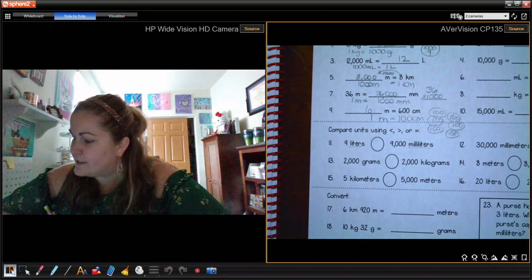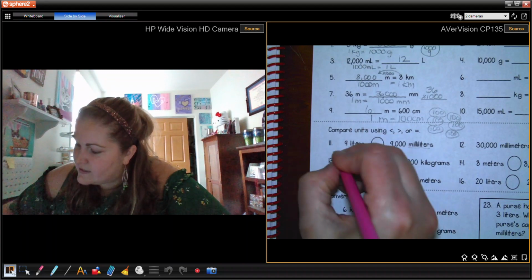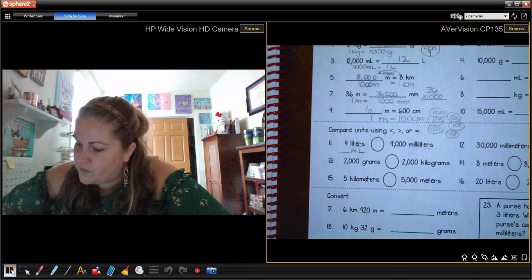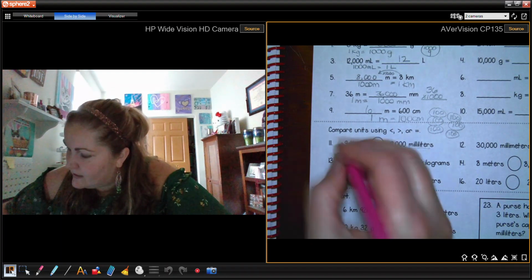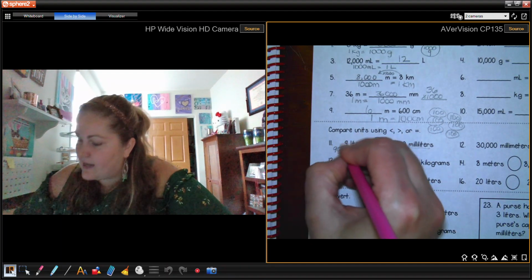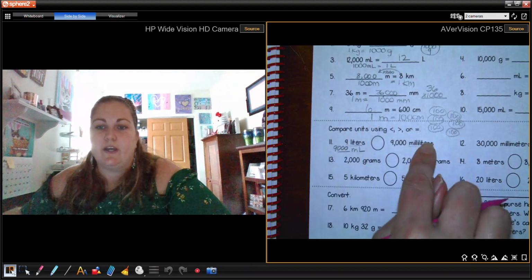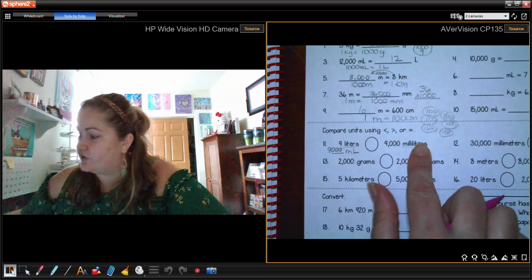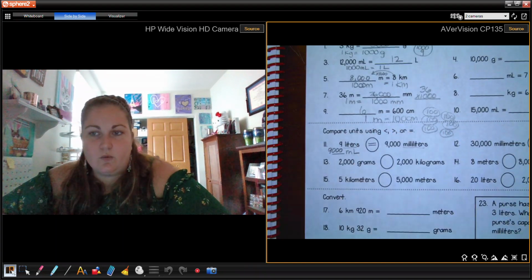A liter is larger, so that means I can use my multiplication and say how many milliliters. Well, 1 is 1,000, so 9 would be 9,000. So I've got 9,000 milliliters over here compared to 9,000 milliliters over here. So that means they are equal.